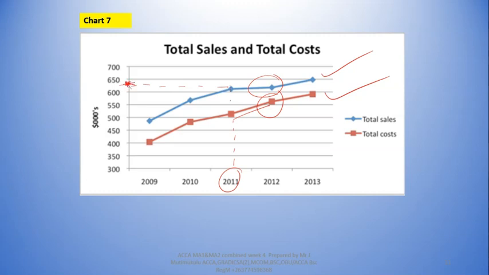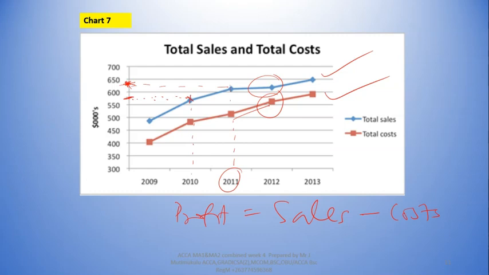Sometimes the examiner might just say, how much profit did the company make in 2010? You know that profit is equal to sales minus cost. So you just have to know the figure for this particular year. These are the sales for 2010, and you go to this and you get the amount for the sales.